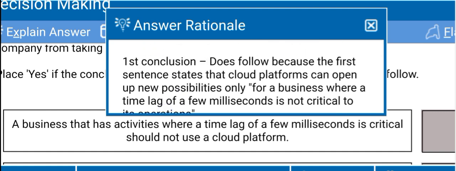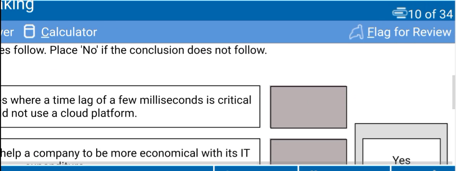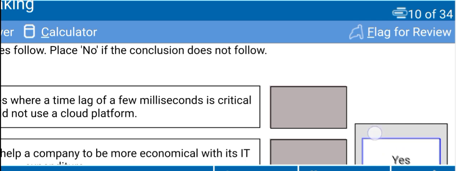So because of this reason, the first conclusion does follow. So that's why we will drag a yes and drop it in front of this conclusion.